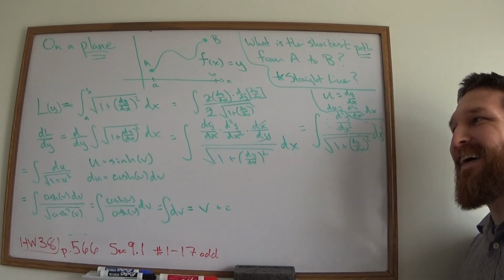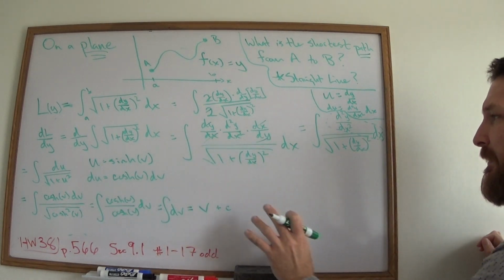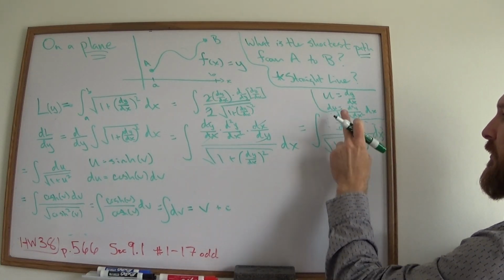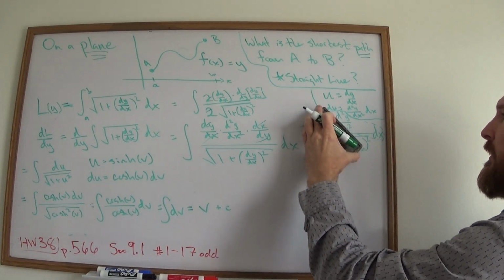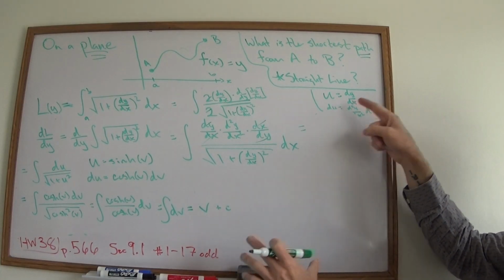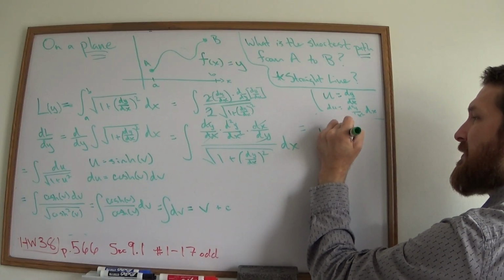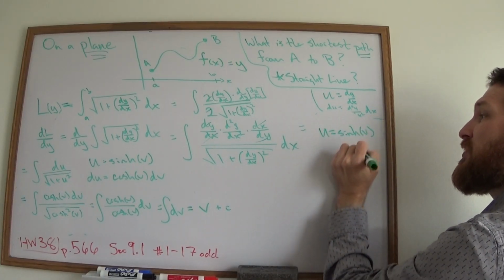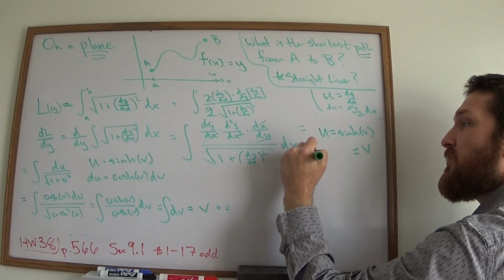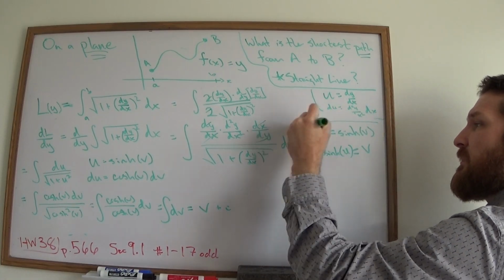So now here, let's see what I want to get rid of. We need to hold on to all the stuff that we had. We had that u was equal to dy dx. We have that u is equal to sinh v, which means that v is equal to arc sinh u, so we need that.